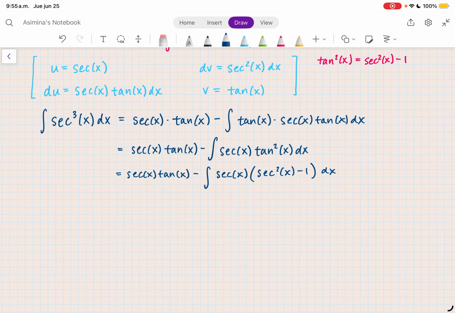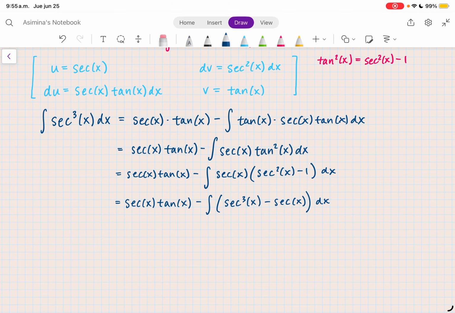And now I have this integral all in terms of secant. Now I can distribute this secant here. So again, rewriting this, we have the secant x tan x minus the integral of, so now I'm going to have a secant cubed x minus secant x dx.